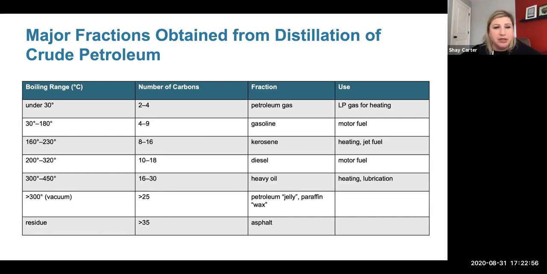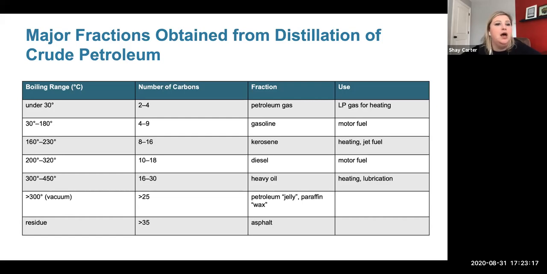Under 30 degrees, we're looking at very short chain alkanes, ethane to butane. This is from petroleum, and the fraction is called the petroleum gas fraction. This is used as liquid propane gas for heating.